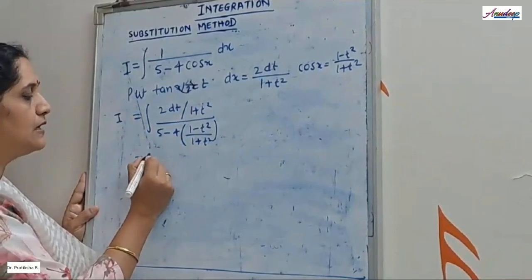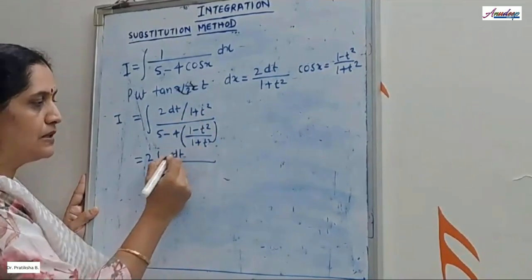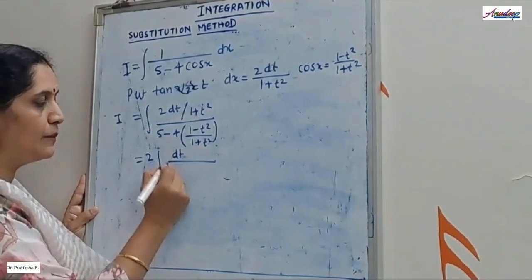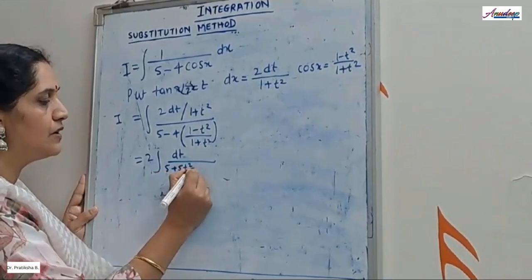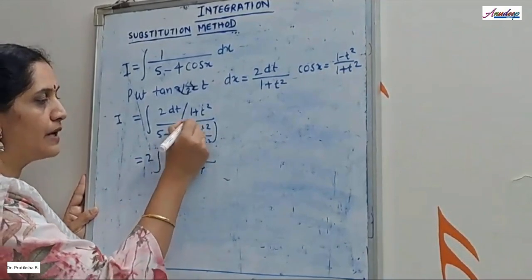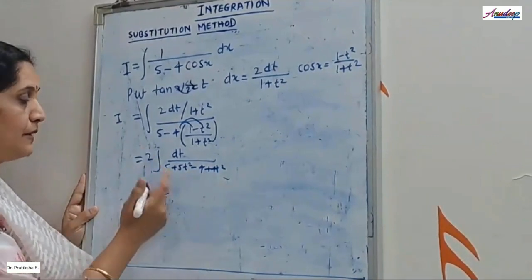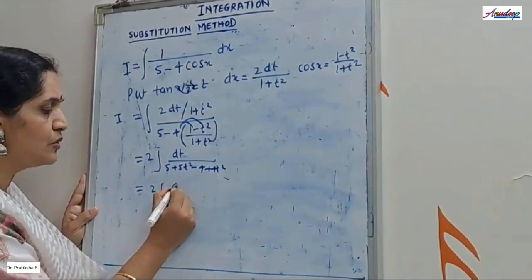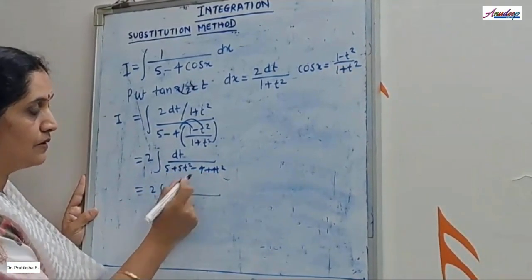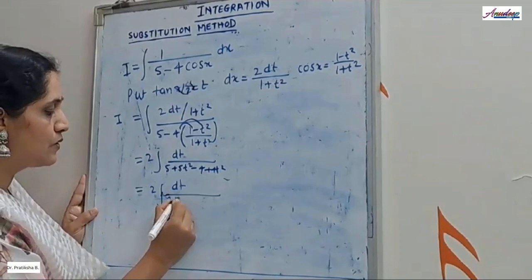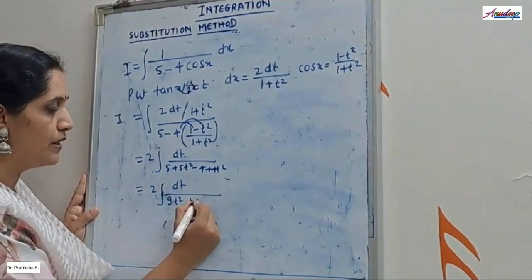So 2 is a constant, taking it outside. dt upon, I am cancelling this, so I have to take the LCM in the denominator. It is 5 into (1 plus t square), that is 5 plus 5t square, minus 4 into (1 minus t square), opening the bracket, so minus 4 plus 4t square. That simplifies my problem. So it is dt upon 5t square plus 4t square, giving me 9t square, and 5 minus 4 giving me plus 1.